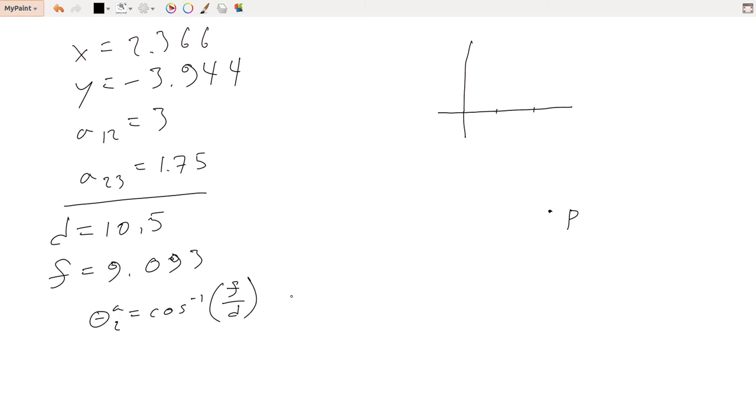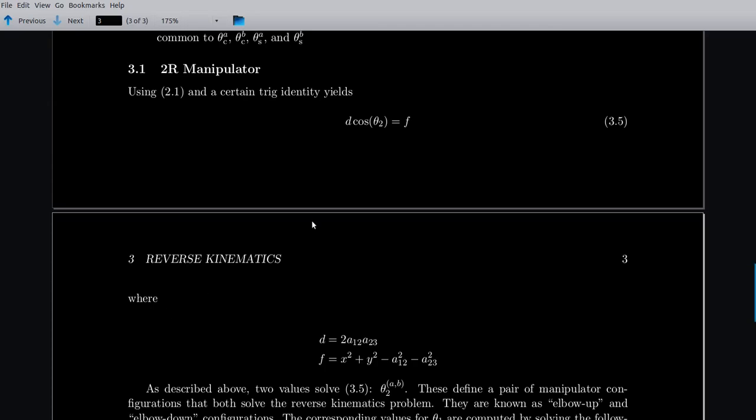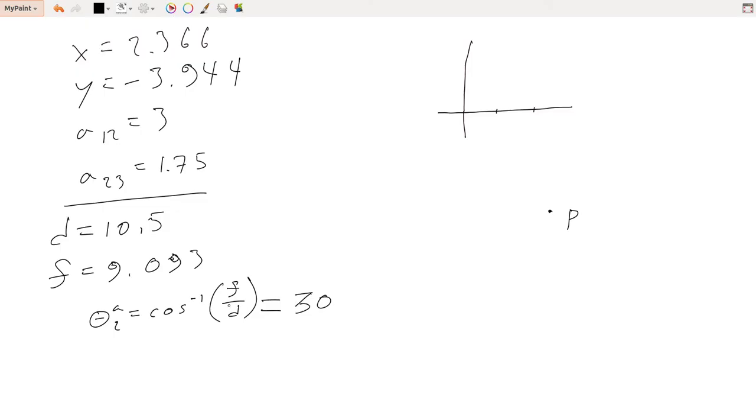The inverse cosine is going to give us what we'll call theta 2A. So for this example, it ends up being 30 degrees. And the other angle that satisfies this equation is just the negative of the first one. So theta 2B is negative theta 2A, which is negative 30 degrees.